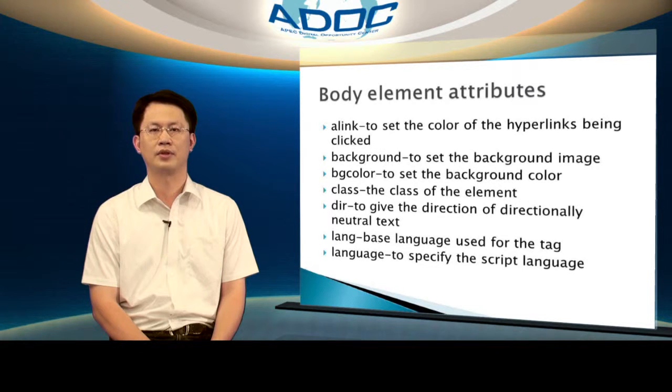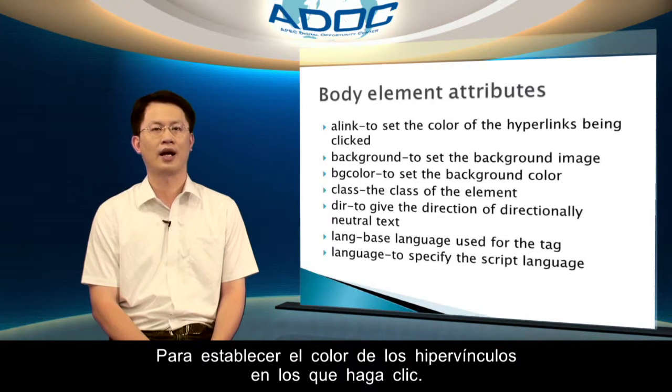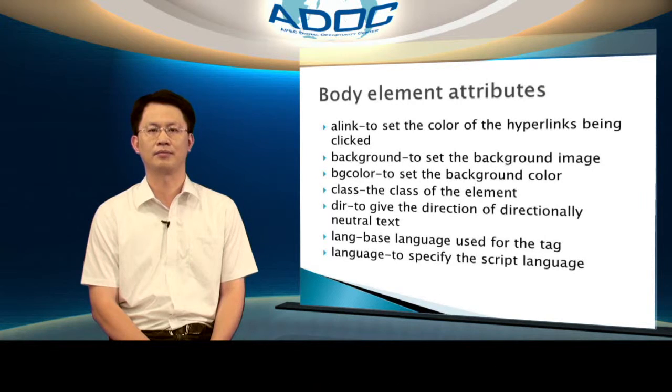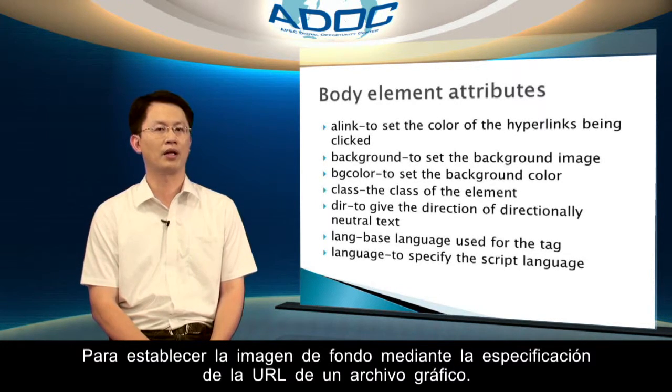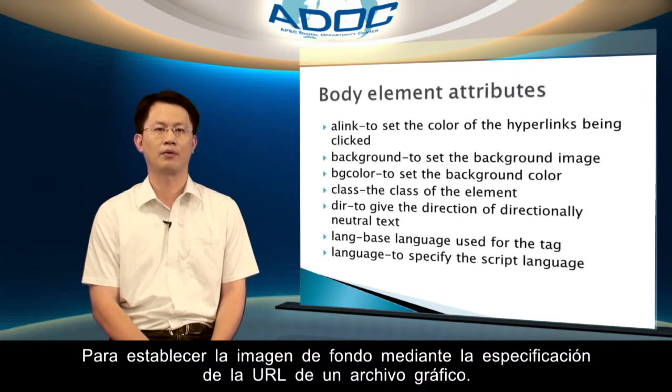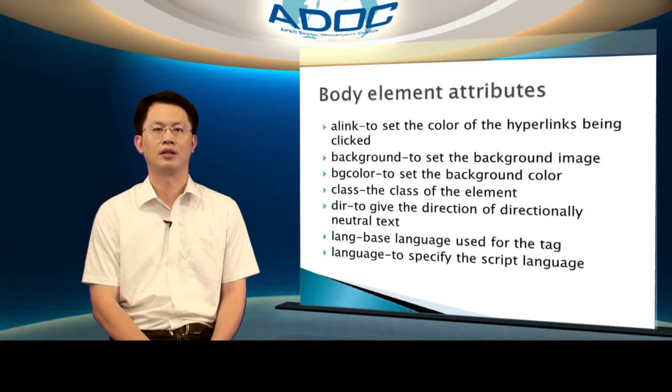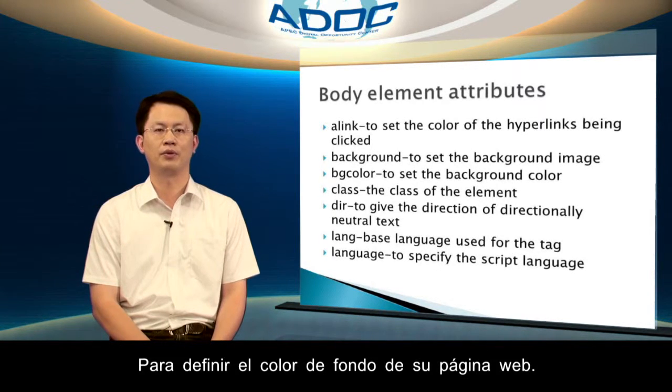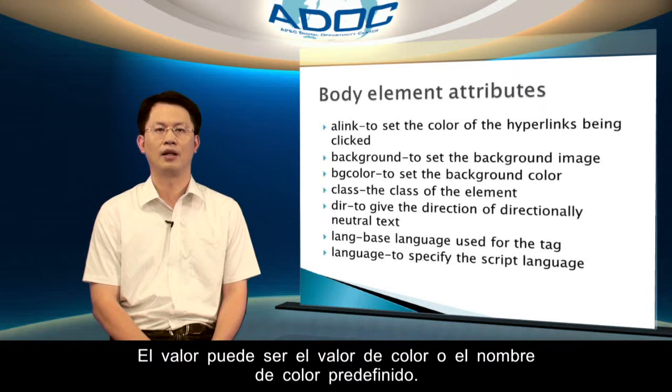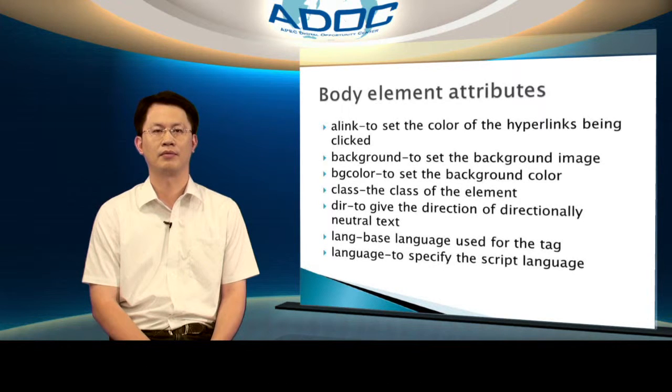Alink, to set the color of the hyperlinks being clicked. Background, to set the background image by specifying the URL of a graphic file. BGcolor, to set the background color of your web page. The value can be the color value or the predefined color name.